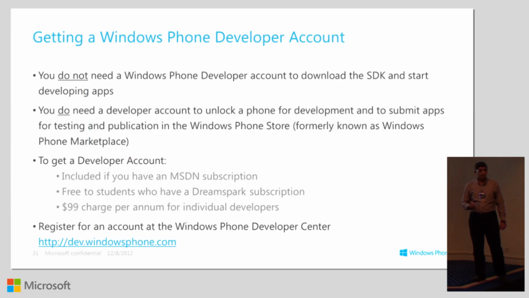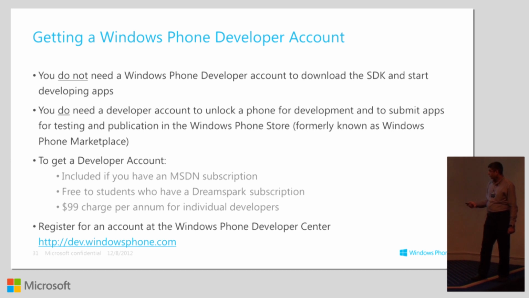In order to develop for Windows Phone, the SDK is free. You really don't need anything much. But then to deploy it, to test your applications on the device, you will have to unlock the device. So the Windows phones are developer locked. You cannot deploy applications onto the phone. In order to deploy the application and test the application on the device, you need to unlock it. And the way you would do that is go to the Dev Center and register for a developer account.